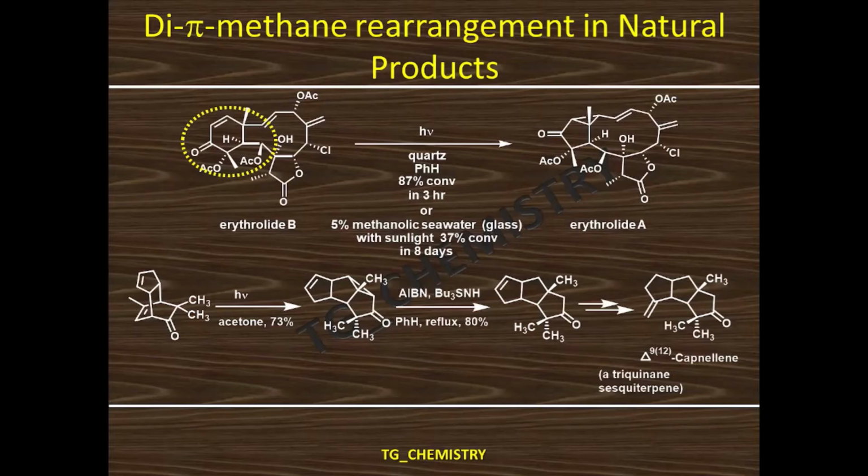Eventually that will lead to a 5,5,5 fused tricyclic carbonyl compound, and from there a natural product named capnellene can be obtained, which is a triquinane sesquiterpene. So this terpenoid capnellene can be obtained by using the di-pi-methane rearrangement reaction in one of the steps to obtain the natural product.